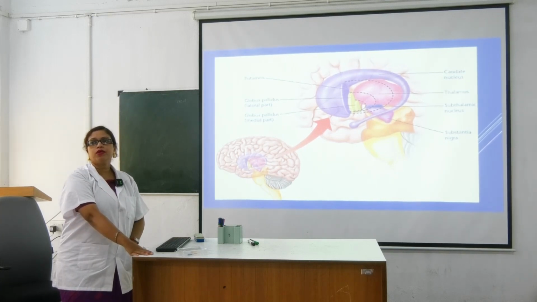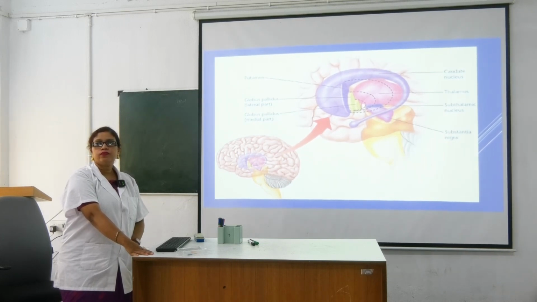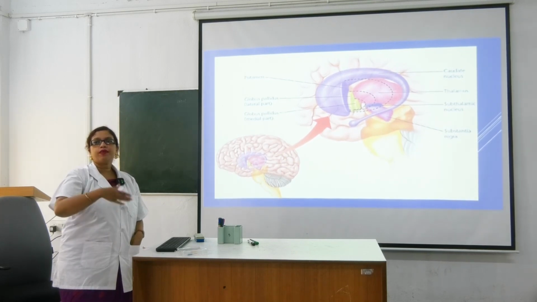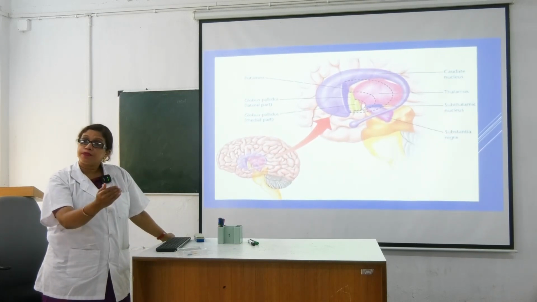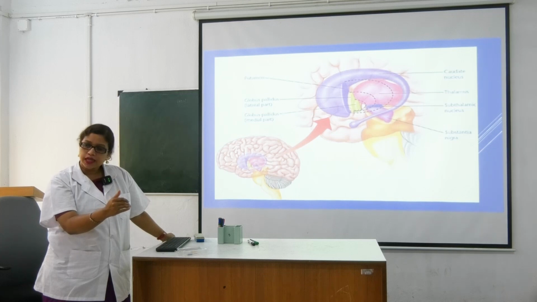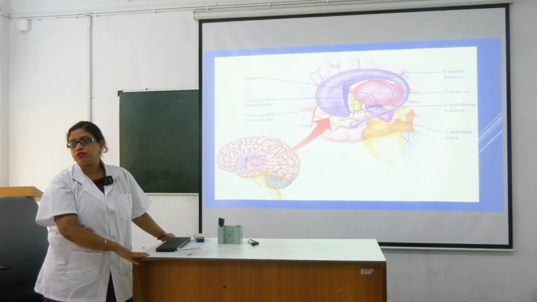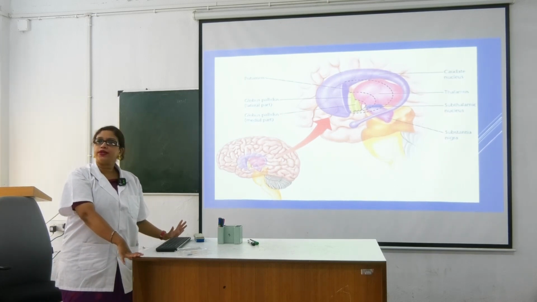What will be the relation, medially and laterally? Medially there will be the globus pallidus and putamen. Understood? Globus pallidus and putamen. And laterally it will go to the thalamus. Okay. So while we discuss the internal capsule, we will get to know this one.